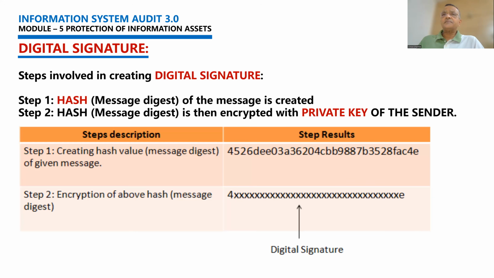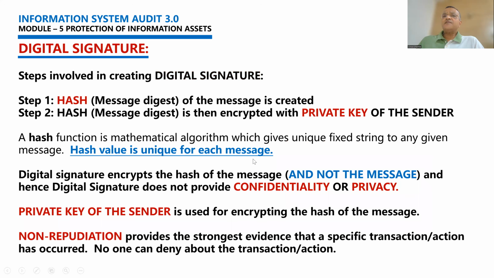I'll explain further. A hash function, as I have discussed, is a mathematical algorithm which gives a unique fixed string to any message, and the hash value is unique for each message. This is a very important aspect that I want to stress. When I'm writing a message which I want to send using a digital signature, there will be certain letters in uppercase, lowercase, full stops, and spaces.